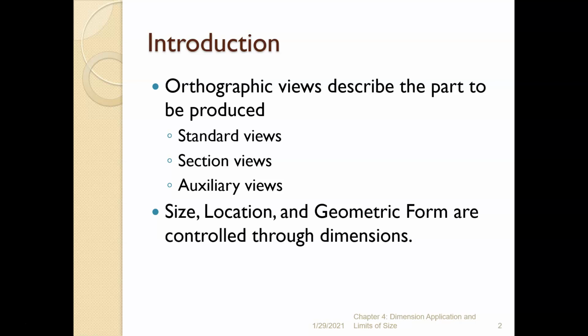Okay? So again, an engineering drawing is meant to communicate the shape and size of a part so that it can be manufactured. That is the definition, or the objective, of an engineering drawing. Shape description is done with orthographic views. Size description is done with dimensions.